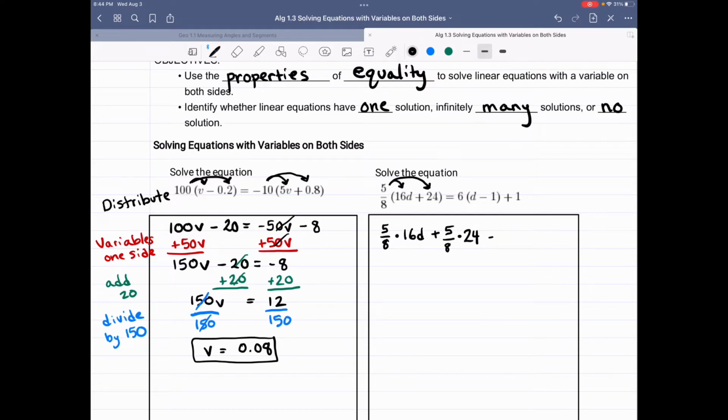On the right side of the equation, I'll use blue, you're going to multiply 6 times D and 6 times -1, because that's the grouping. So that we can do without even showing our work. 6 times D is 6D, and 6 times -1 is -6. And then don't forget that we also have this +1 that we need to add in at the end.